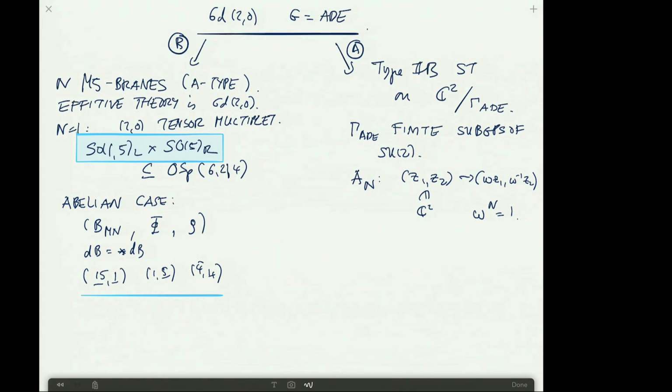So how many people have an understanding? I need to ask this so I know at what level we're talking about these things, so I don't just talk over your heads, but actually to you. Who knows how to think about this C^2 mod Gamma ADE? What kind of space this is? Why this is? Where do you get these gauge bosons from?